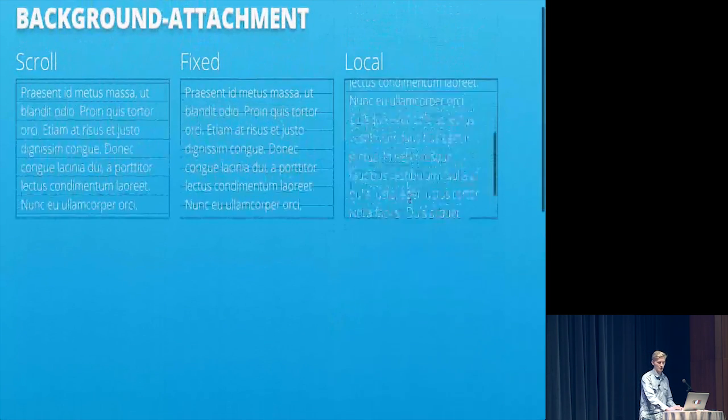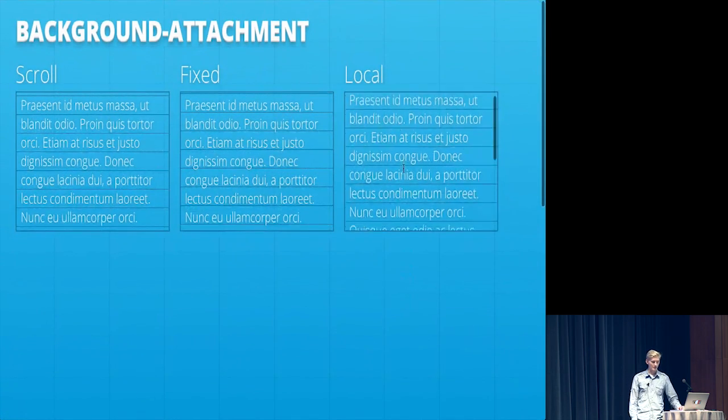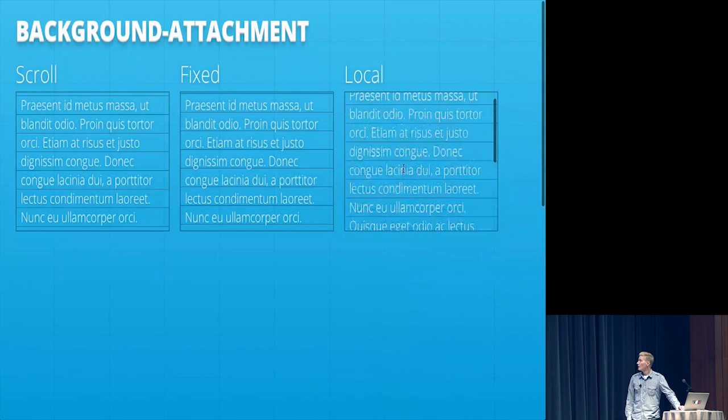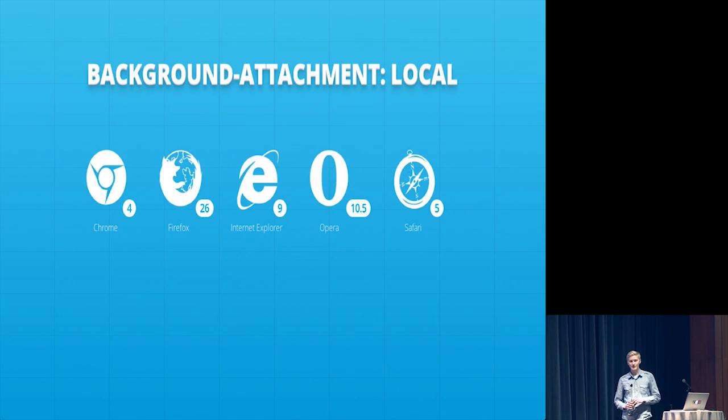So it actually scrolls with the viewport and with the element itself if it's scrollable. Not as widely supported yet as we'd like, but starting to become relevant and usable. At least if you're doing mobile development and not worrying about Firefox, it's pretty good.